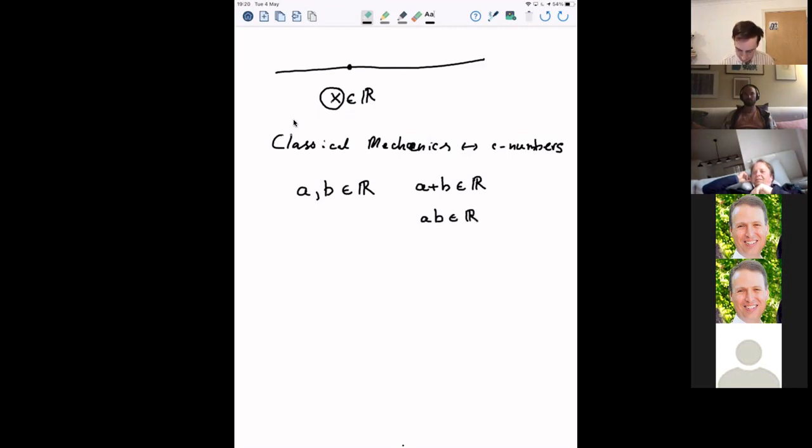And moreover, they have the property that the number A times B is always equivalent to the number B times A. So like 2 times 5 is equal to 5 times 2. That's very basic. And this is what you might call the algebra of the real numbers.